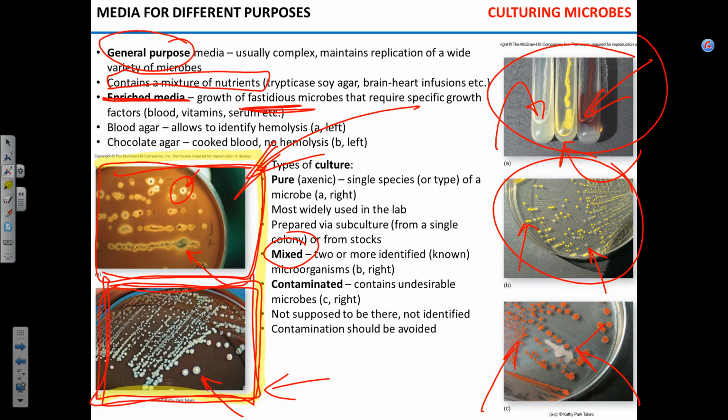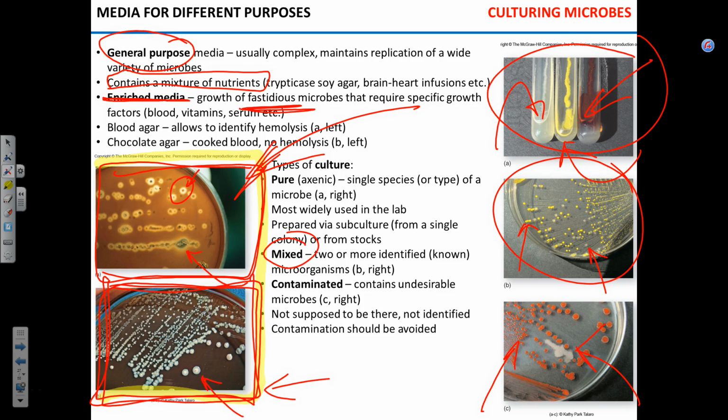That's contaminated. So you see the difference between mixed and contaminated. In contaminated, that second species is unwanted. All right? So we really have to be careful in order to avoid contamination.